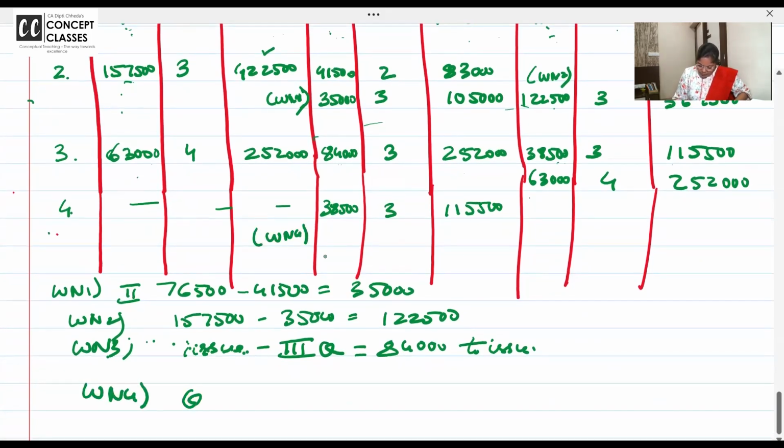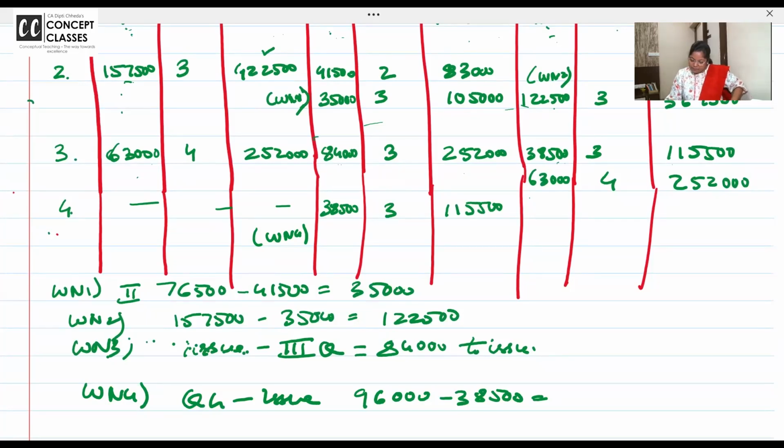Working note 4, quarter 4 issue. 96,500. Out of that 38,500 तो पुराना था. अभी कितना इशू करूं? 38,500 तो we have issued.